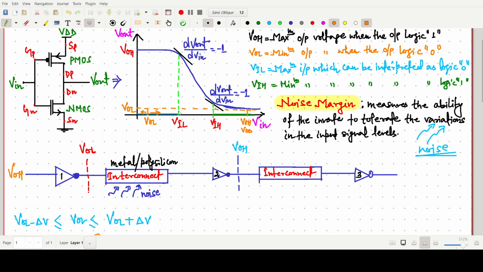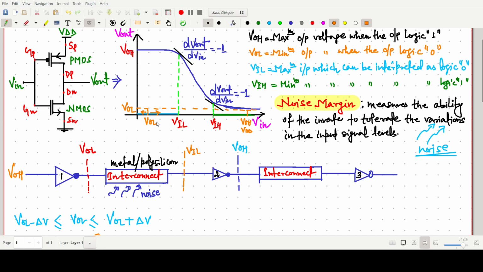Up to VIL it will sustain and result in VOH. VIL is the voltage up to which it will give VOH.